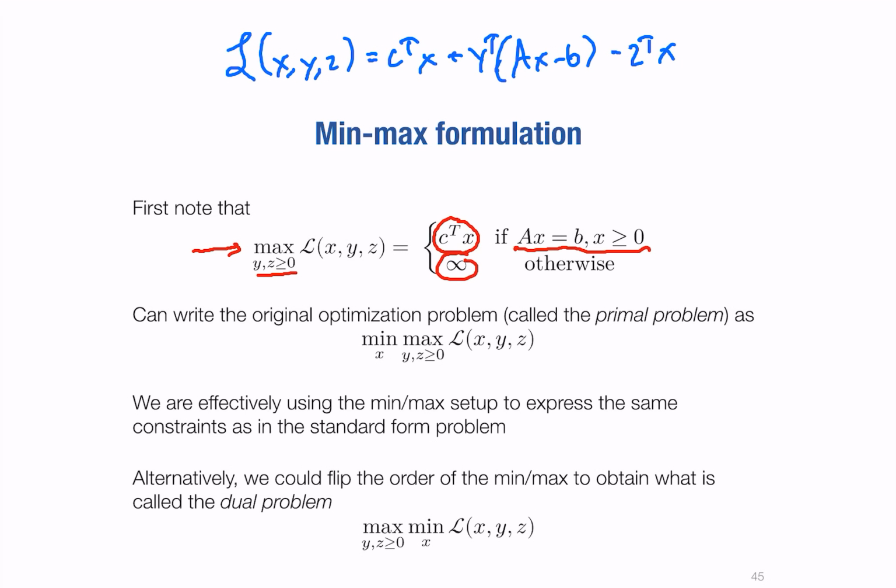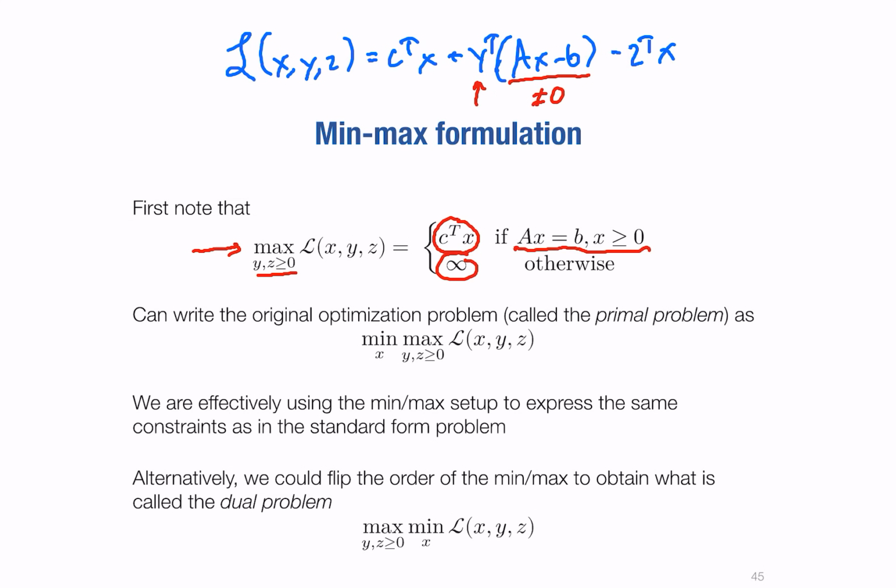And think about this term here. If this term is not equal to 0, i.e. our constraints are not satisfied, then when I maximize my Lagrangian over y, I can choose y in the same direction as Ax minus b, but then scale it to be some large multiple of that.